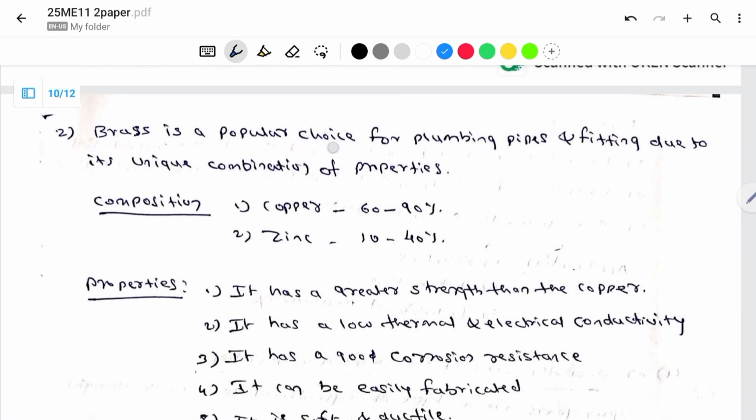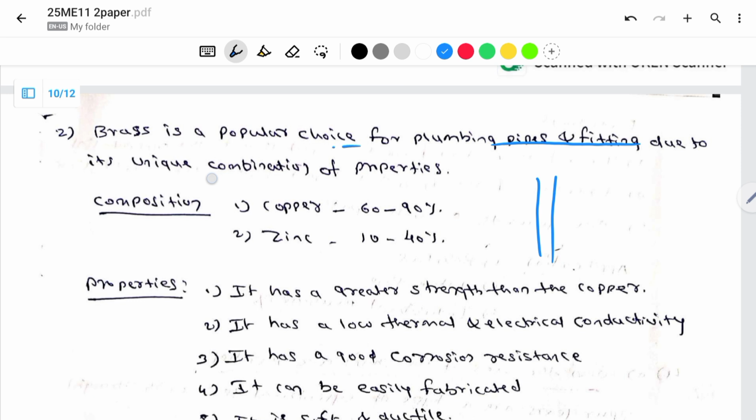So the next question: brass is a popular choice for plumbing. Why? Have you ever seen the plumbing pipelines in your home? Plumbing itself indicates that the pipes are used for water. Water has different properties. Sometimes the water may be contaminated, or sometimes it may be pure, because of which corrosion may take place.